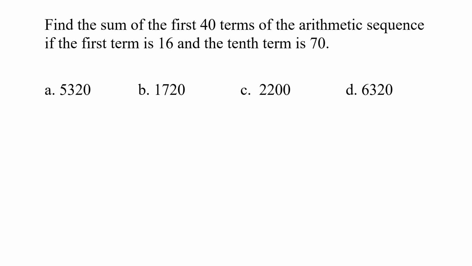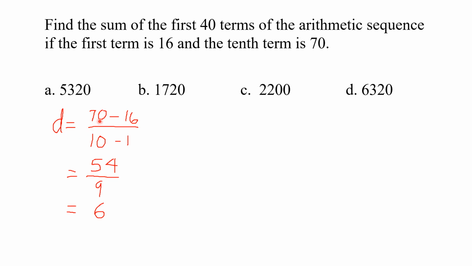In this slide we have: find the sum of the first 40 terms of the arithmetic sequence if the first term is 16 and the 10th term is 70. First, we're going to find the value of d, the common difference.